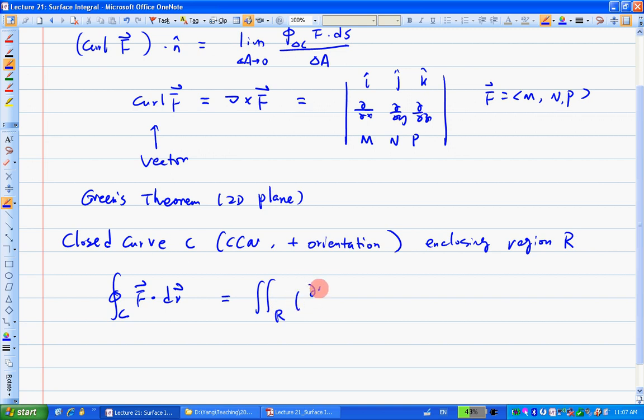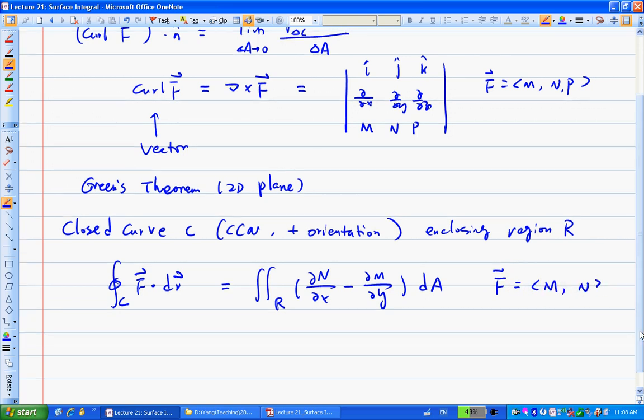We're integrating partial N over partial x minus partial M over partial y, dA. So that's what we're integrating. Here, this F, the vector field, is a 2D vector, so it's M, N in here. So that's Green theorem.